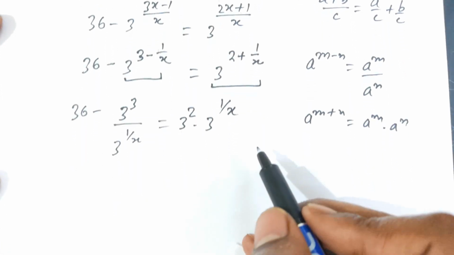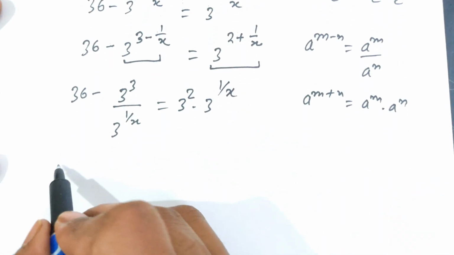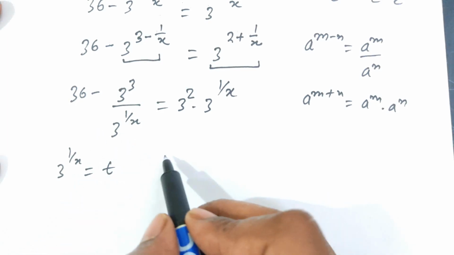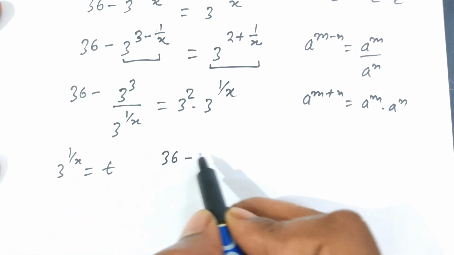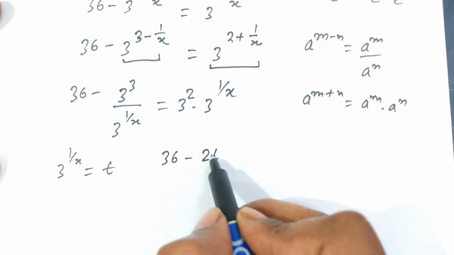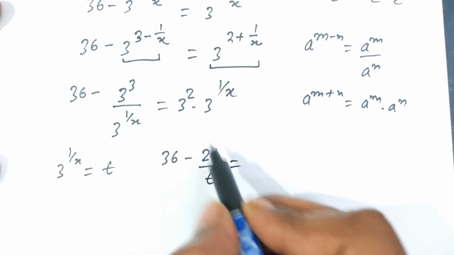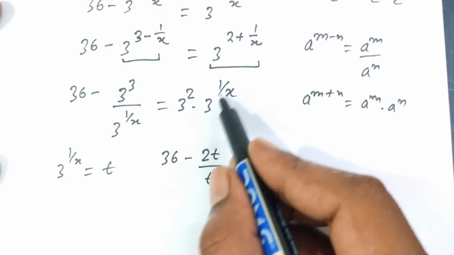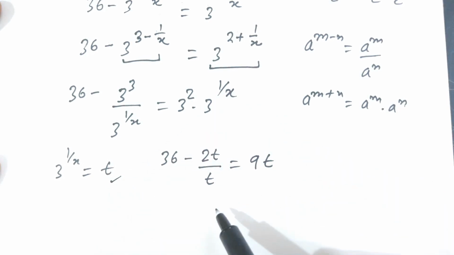Now look carefully at this expression. If we put 3 power 1 by x equals to t, then this expression is 36 minus 3 power 3, that is 27, divided by t, and this is equals to 3 power 2, that is 9 times t, because 3 power 1 by x is replaced by t.